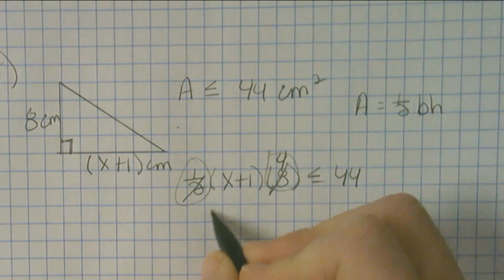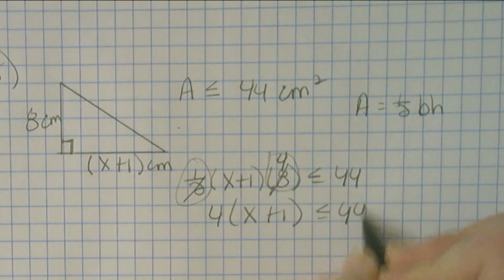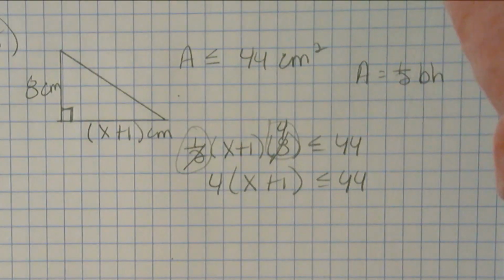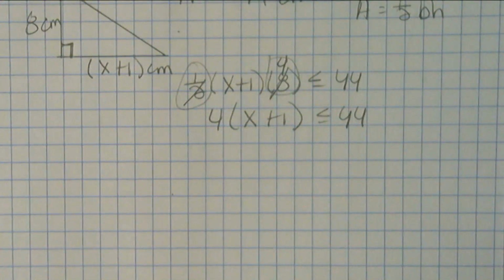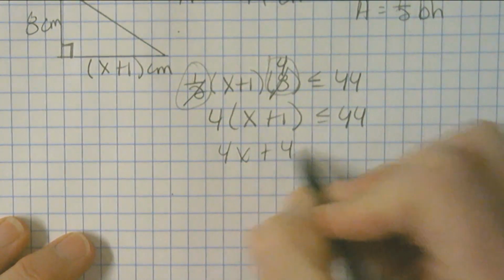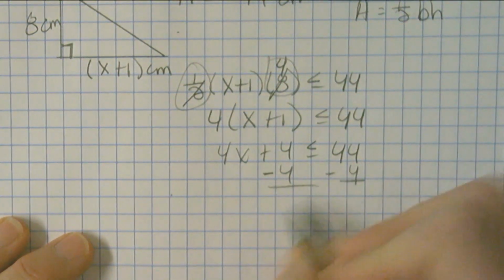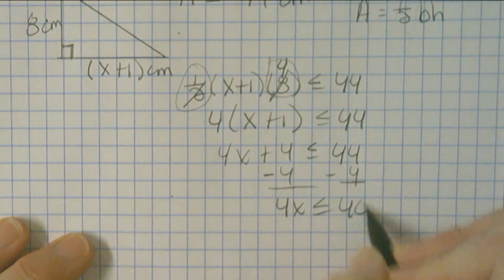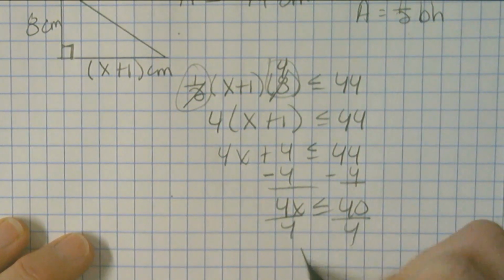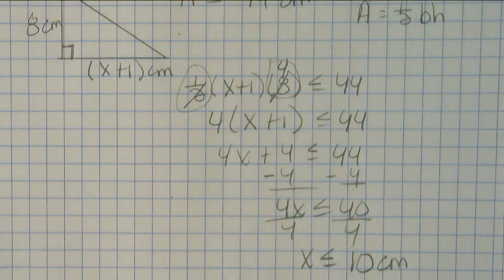So what I'm really left with is 4 times the quantity of x plus 1 is less than or equal to 44. And then from here, I have the distributive property. So I have 4x plus 4 is less than or equal to 44, and then I'm just going to finish solving. So I have x is less than or equal to 10 centimeters.